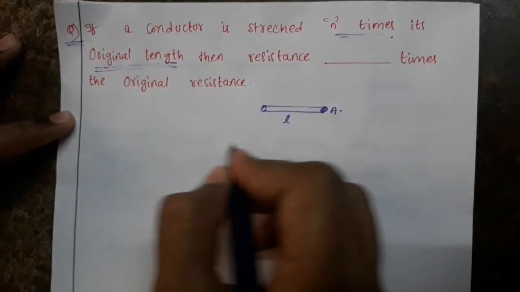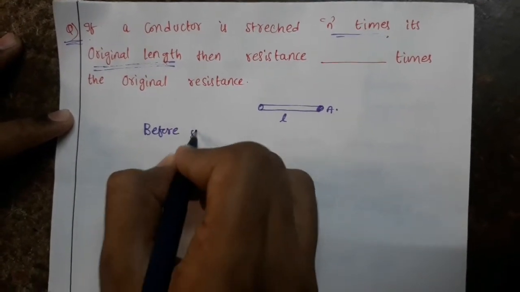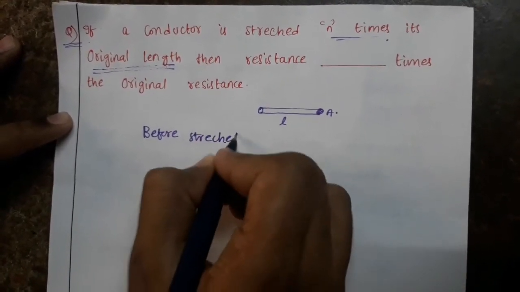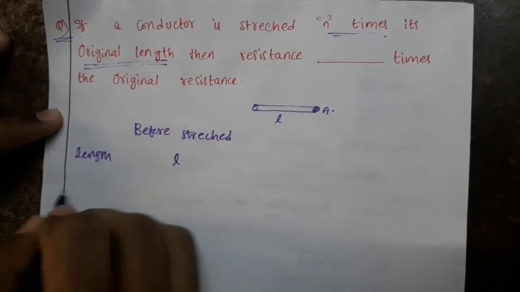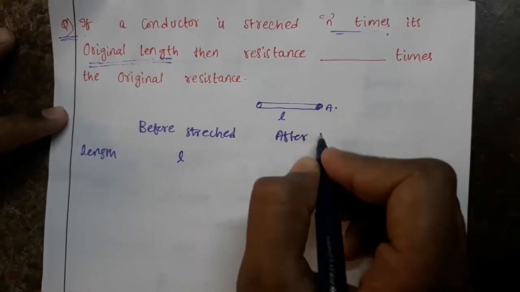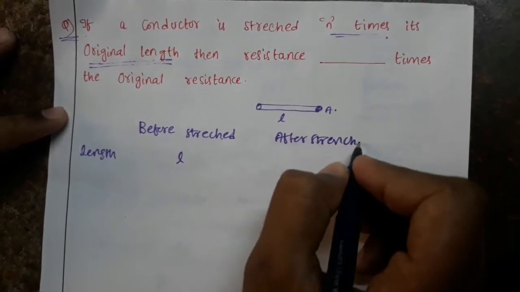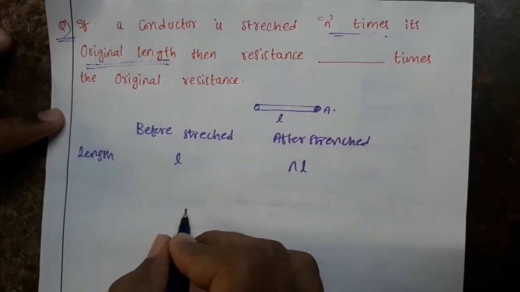So before stretched, length is L, after stretched, length is n times L.